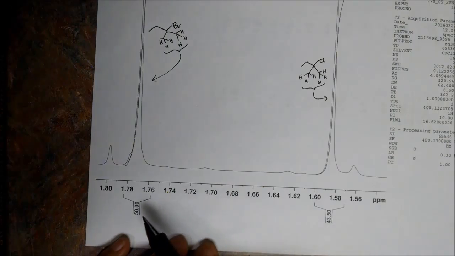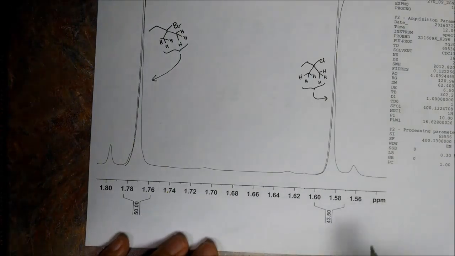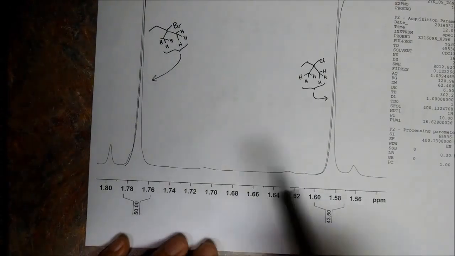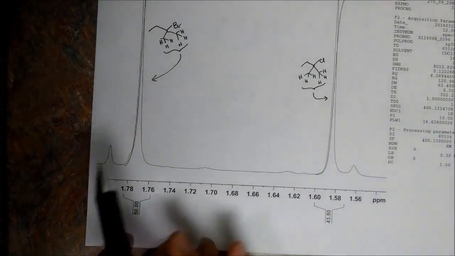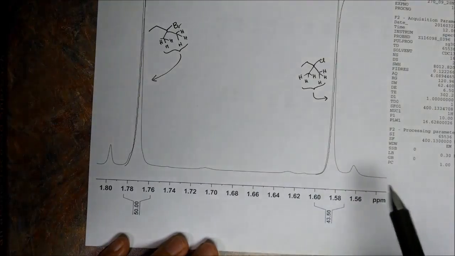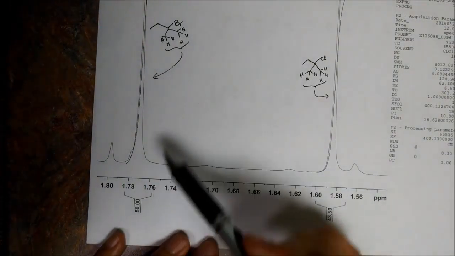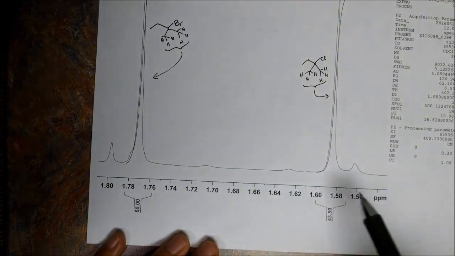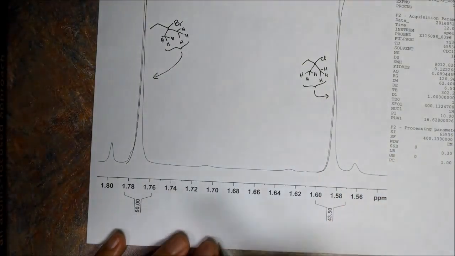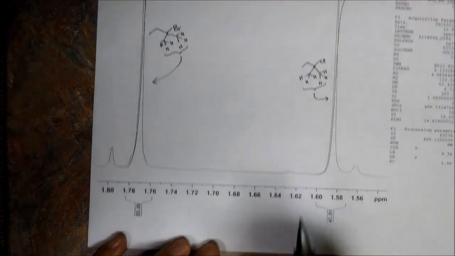I just randomly set this one to 50 because we're going to be needing these numbers. Normally though, these correspond to the number of hydrogens in your sample. So if we had the whole spectrum and we put these numbers here, it's called integrating it. If we integrated it appropriately, this would show about 6 and this would show about 6 because they correspond to 6 protons each.